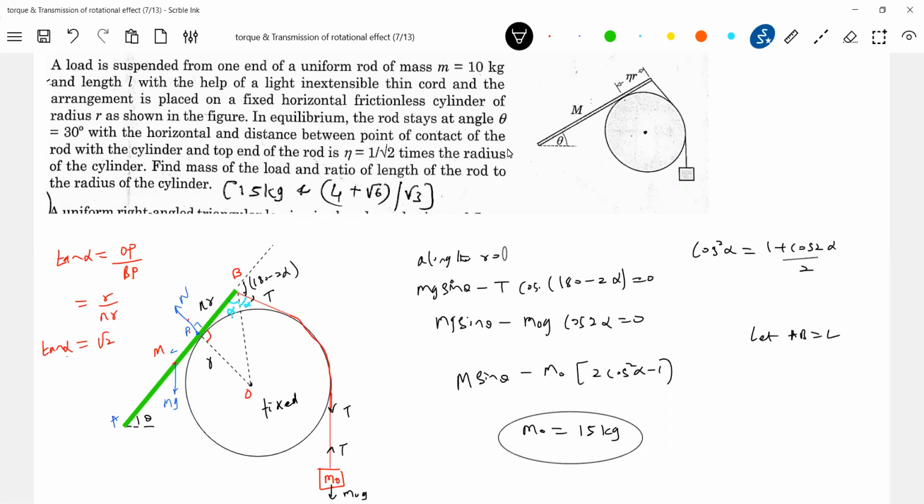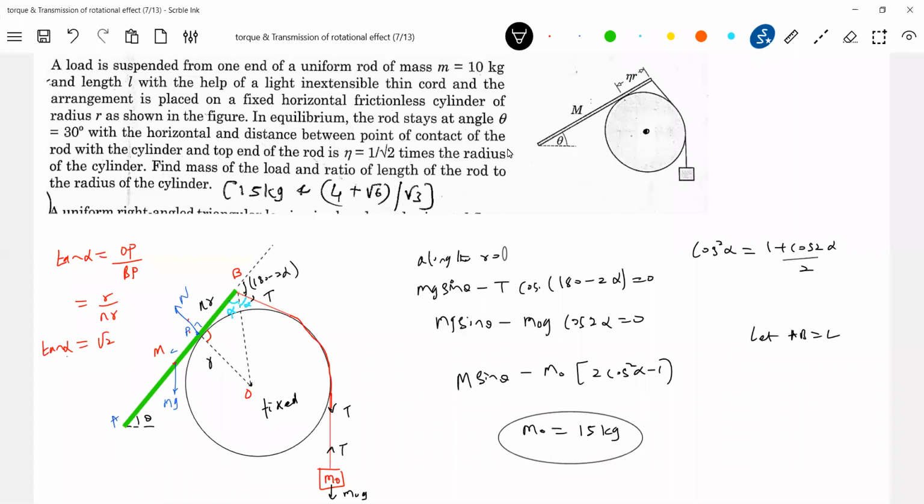It is just a contact in cylinder and it is in air. Point A of the rod is not in contact with the ground. So that should be clear. Somewhere the ground, if you want, you can show it here, or about a horizontal axis, the cylinder is fixed here. How to bring that one?